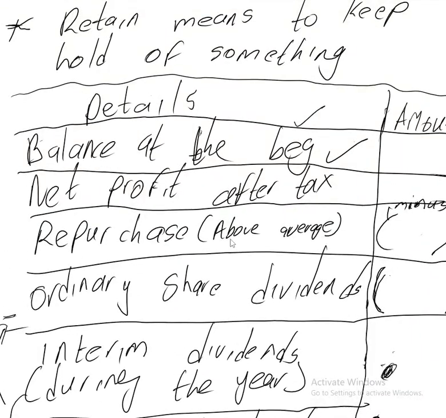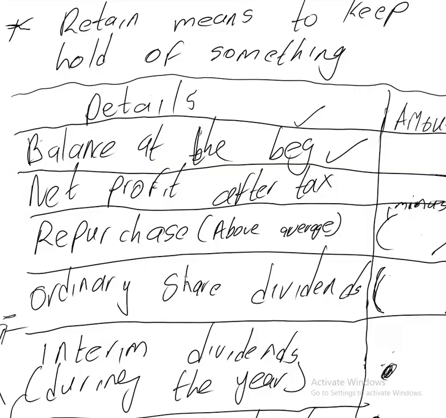This one is the one that is above average share price. Remember, I said to you guys, the average share price, this is what you will be using to determine how you can buy back shares or how you can issue more shares, right? So if my average share price is 2 rand, I can say, okay, from this 2 rand, I'm not really going to buy them at the average share price.